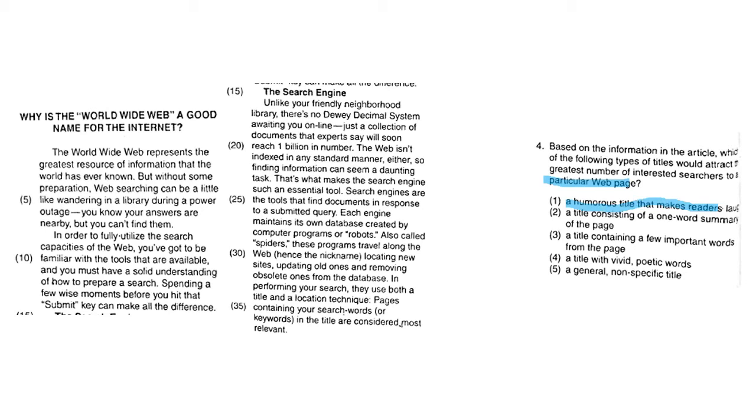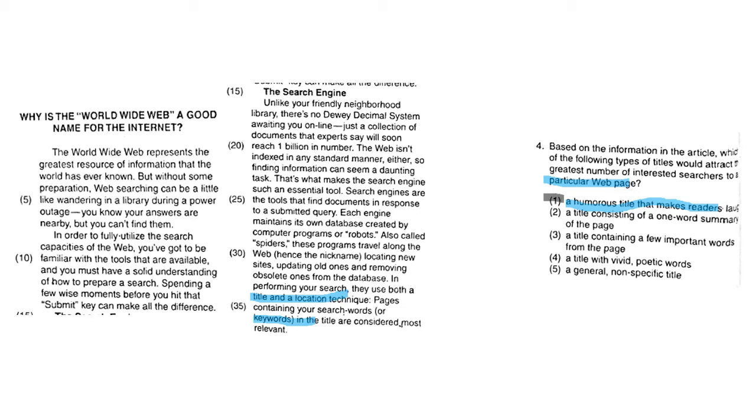Well, when you're looking at a page, you look at the title, you look at keywords. So a humorous title is not going to be the best one. A humorous title might be funny, but it might not have the keywords from the article. So it would be difficult for the search engine to know the main topic. So we can take away number 1.